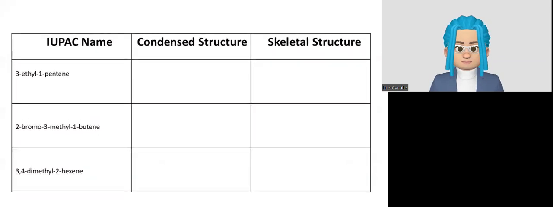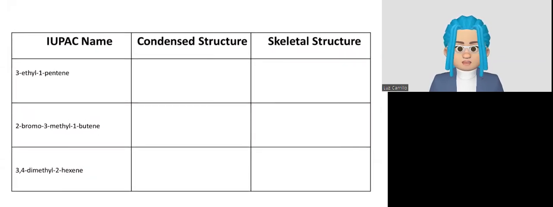Here we have names of alkenes, and we can actually draw their condensed and skeletal structure. So I'm going to practice with the first one, 3-ethyl-1-pentene. In previous videos, we learned that whenever we are given a name and we need to draw something, we need to start from the parent chain.